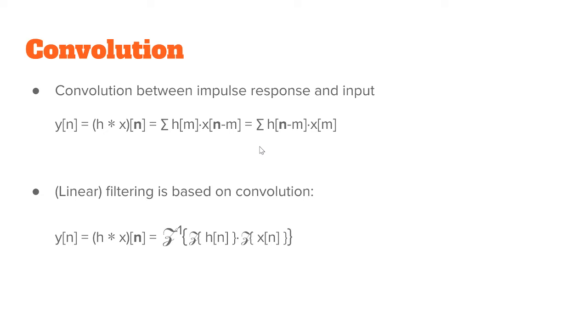Wow. So basically we can calculate the output if we have the impulse response and convolve the input signal with the impulse response, that will give you the system output.